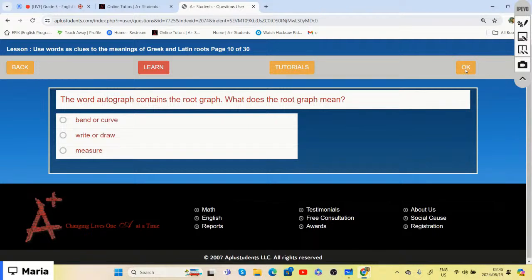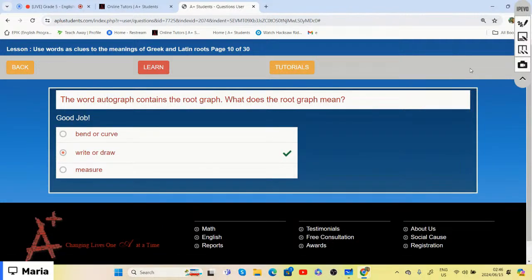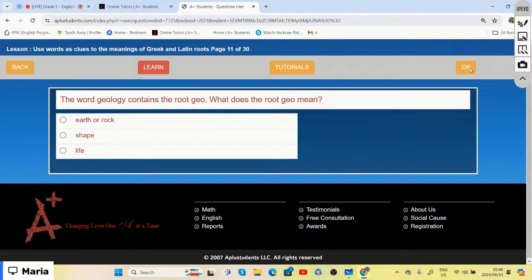I think usually with autographs, it's something that they write. Let's try write, because that's the only thing I can think of, especially when it comes to an autograph. Ah, and writing is correct.